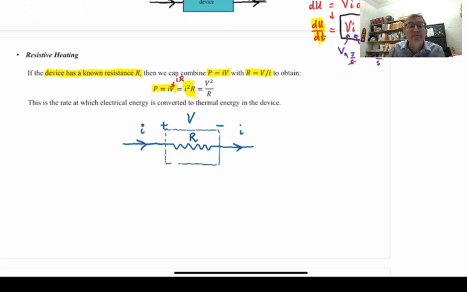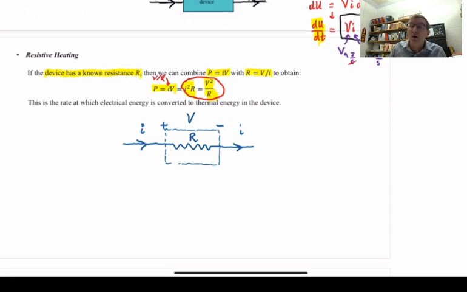What if I don't know I, but I do know the potential difference V? We'll then go back to the P equals IV formula and using the definition of resistance, but now solve it for I. I equals V over R. And substitute it in there for the I. And then you get just another version of the power expression, V squared over R. So they all say the same thing, but note, these last two forms are only if the circuit element is a resistor with a certain amount of resistance.